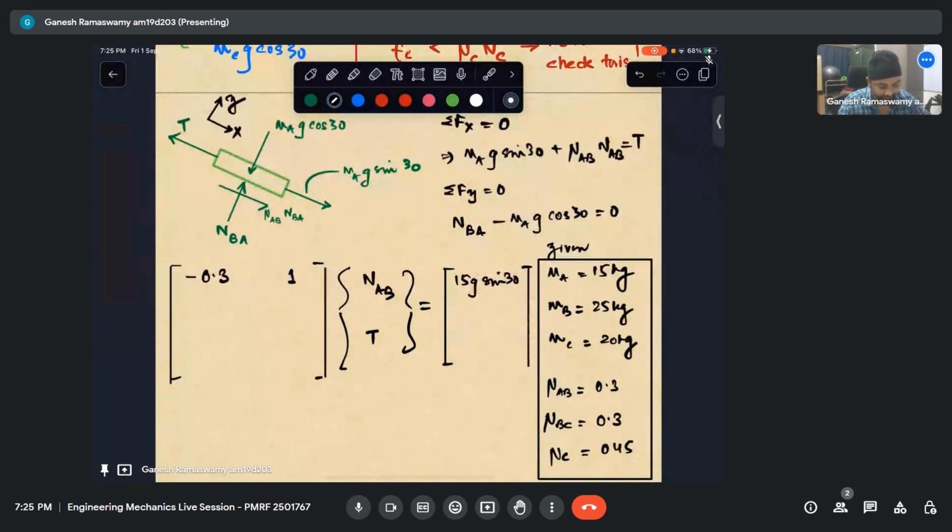The second equation is 1, 0, and 15g cos 30.